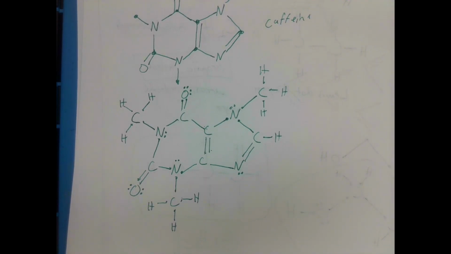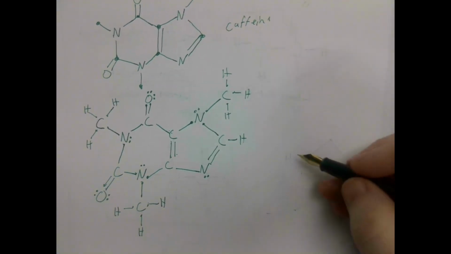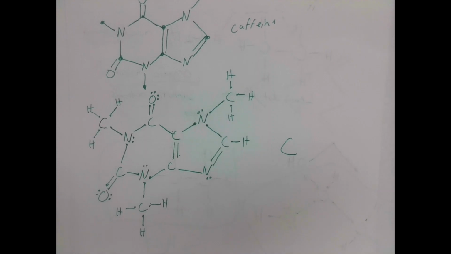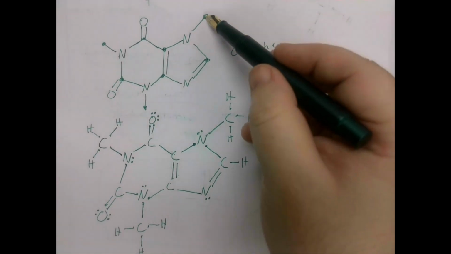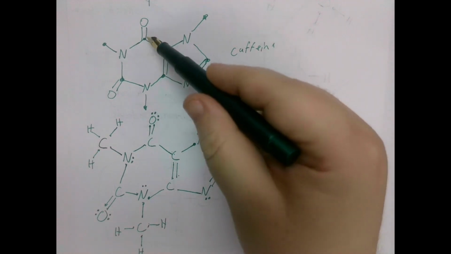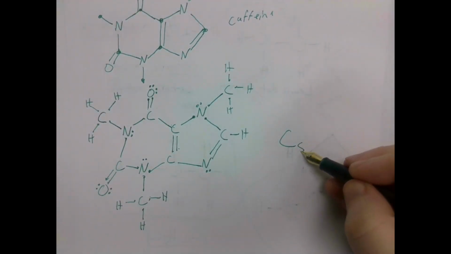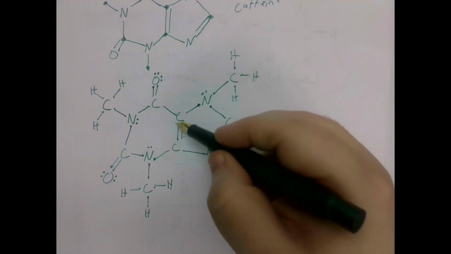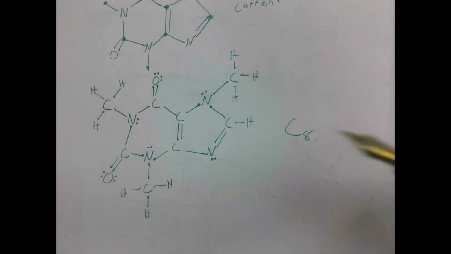Make sense? So how many carbon do we have? Alright, looking at the original: 1, 2, 3, 4, 5, 6, 7, 8. Double check. 8.